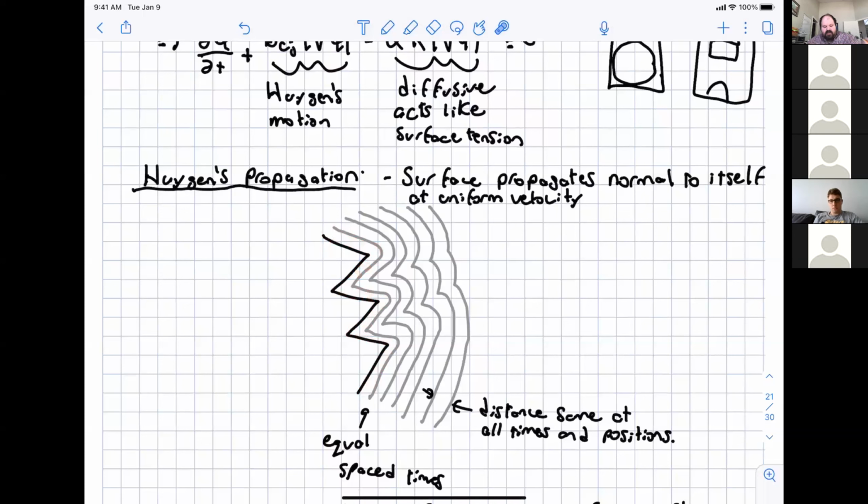Then if we do the same thing again and propagate the surface for a new delta t, the second surface has to be the same distance at all points from the first surface. Again, I can't draw it, but the band will have the same thickness.